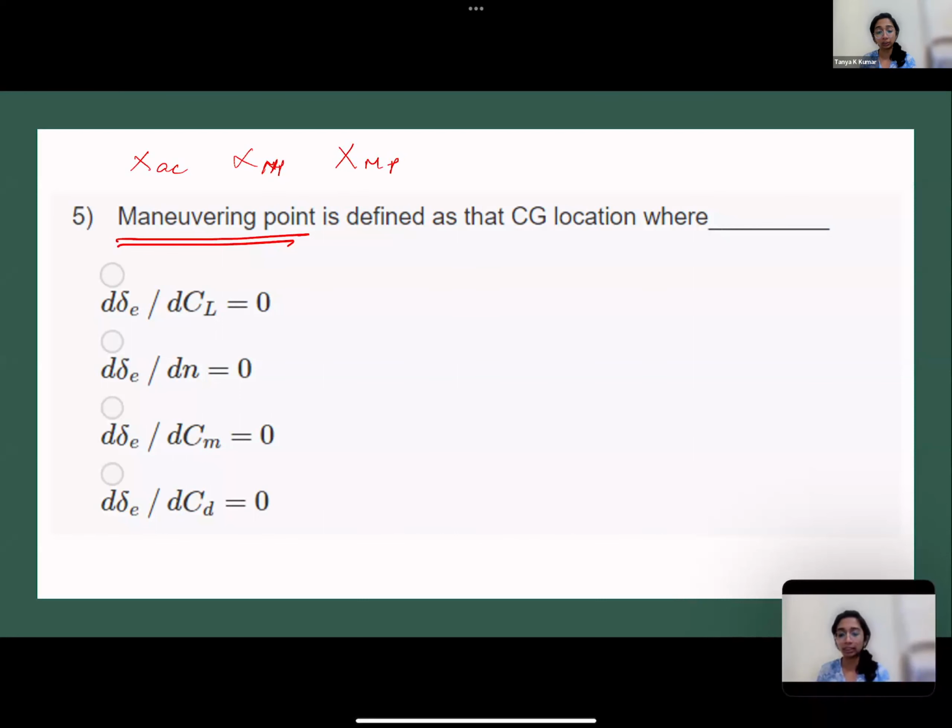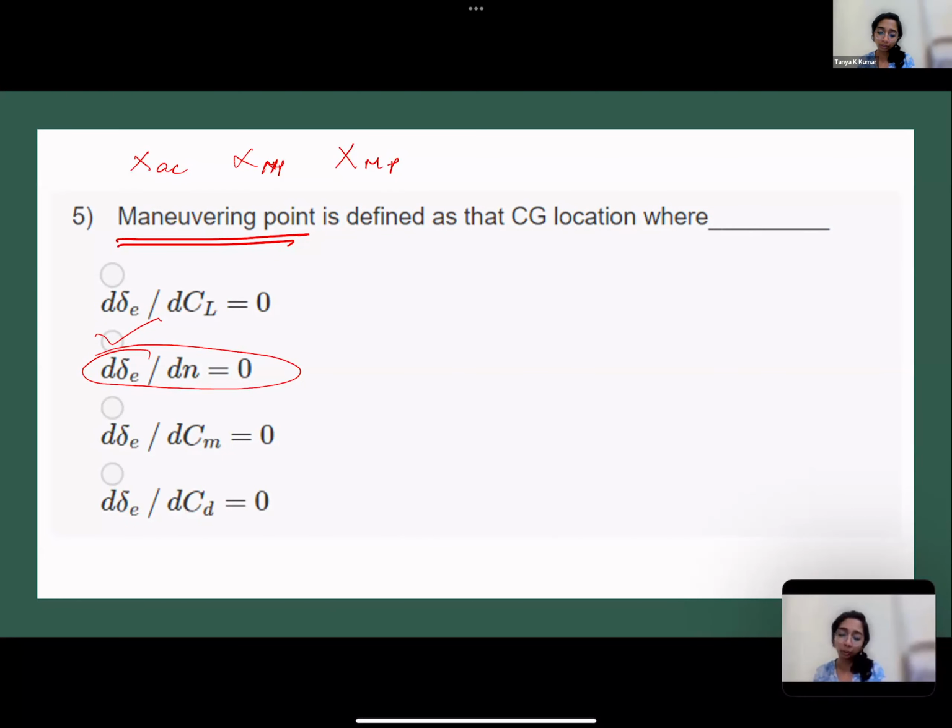In this question they've asked you XMP, maneuvering point. How is it defined? It's just the definition, okay? The point at which d delta E by dN is 0.